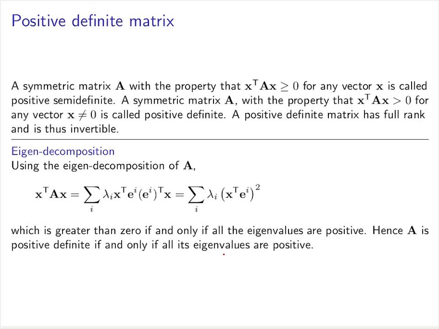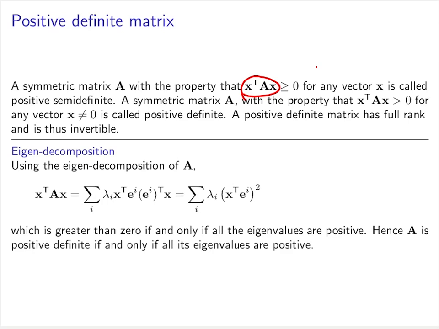So finally, the concept of positive definiteness of a matrix. So looking at this number, this is a scalar, you should convince yourself why this is true. If this scalar for a symmetric matrix A is always bigger or equal to 0, then this matrix is called positive semidefinite.